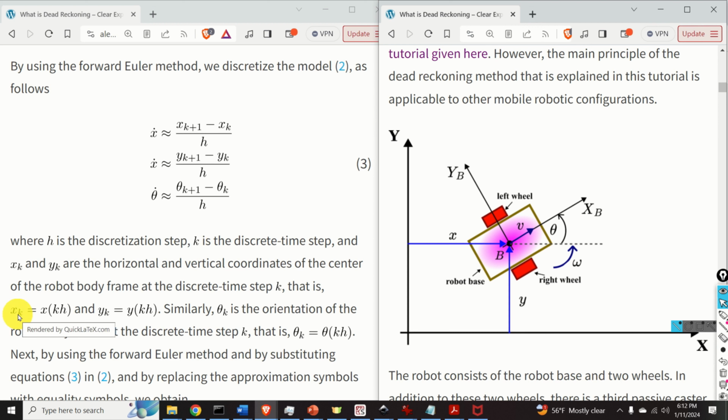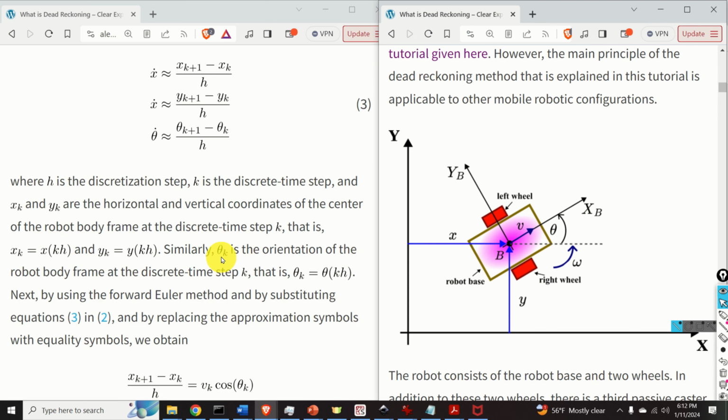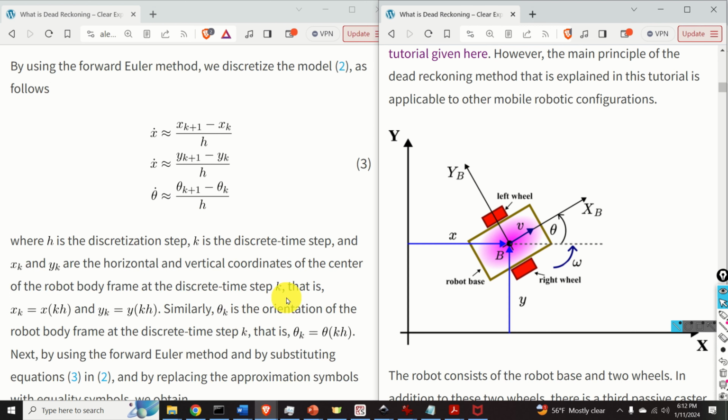That is, xk is actually x for time equals k times h. Similarly, yk is y for time equals k times h. Similarly, theta k is the orientation of the robot body frame at the discrete time step k. That is, theta k is theta for time equals k times h.